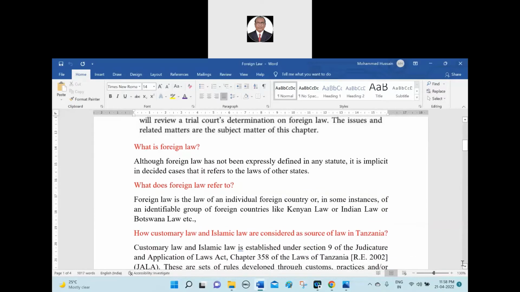Other states. Suppose we are in Tanzania and we are reading the conflict of laws or the private international law here, then the other state means other than the Tanzanian law.